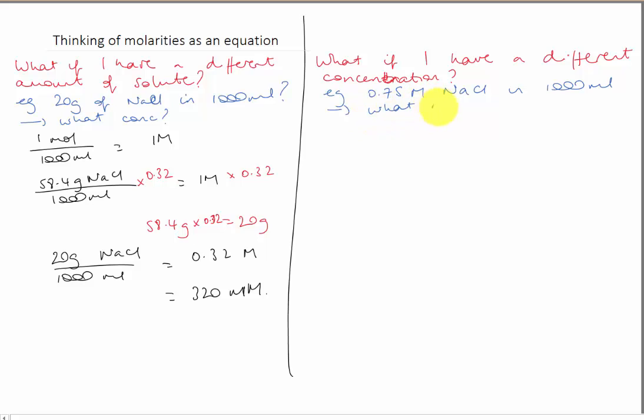What mass of NaCl do I need to add? So here again, I'm just going to start with our 1 mole in 1000 mils is equal to 1 molar. And I know that 1 molar times 0.75 is equal to 0.75 molar.